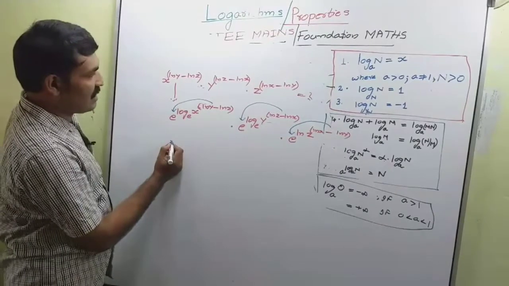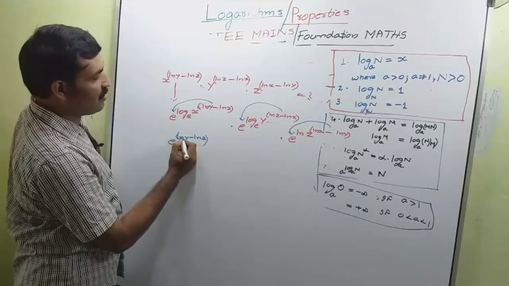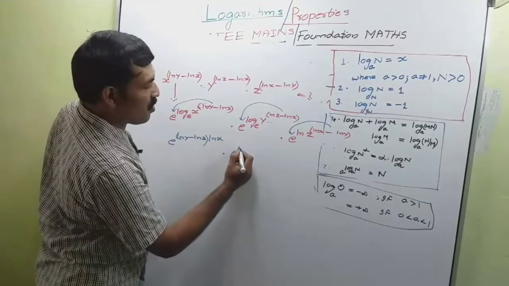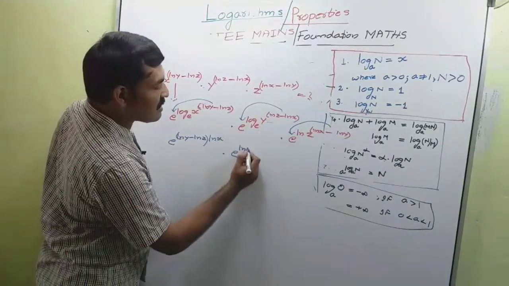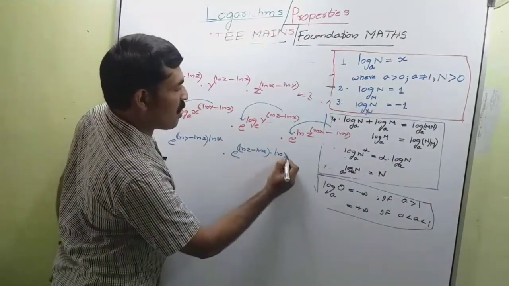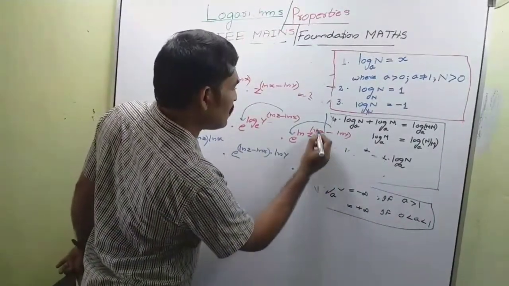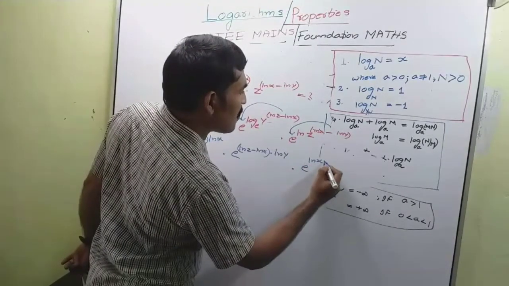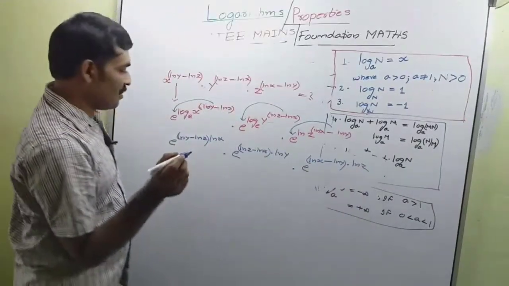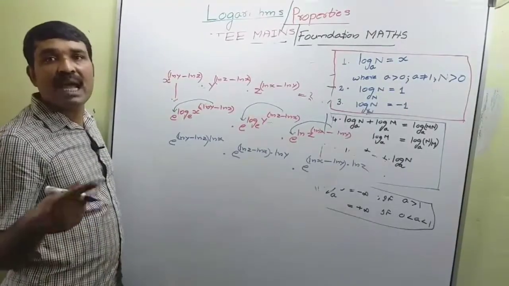So we can write this as e raised to ln y minus ln z into ln x, into e raised to ln z minus ln x into ln y, into e raised to ln x minus ln y into ln z. Now this is in the form e raised to a into e raised to b into e raised to c, that is e raised to a plus b plus c.